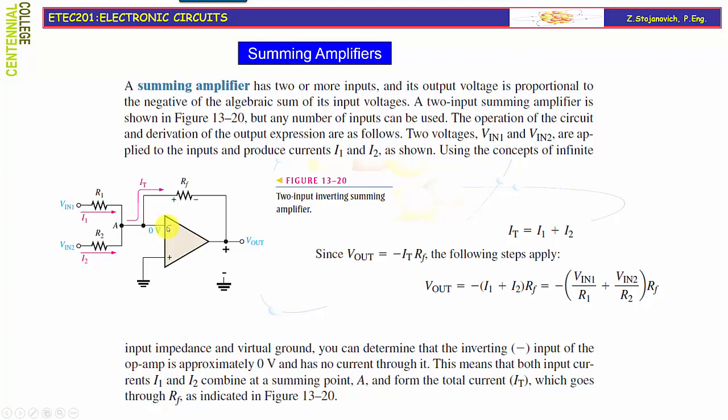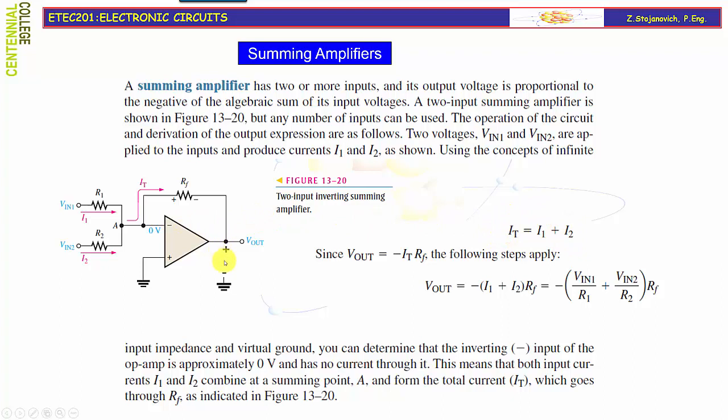However, since the input impedance of the op-amp is extremely high, this current will be practically zero, and there will be no voltage drop between inverting and non-inverting terminal, so we can say that the inverting terminal is at virtual zero, virtual ground. In this case, the sum of the currents I1 and I2 must be equal to IT, and that's why we have this expression here.